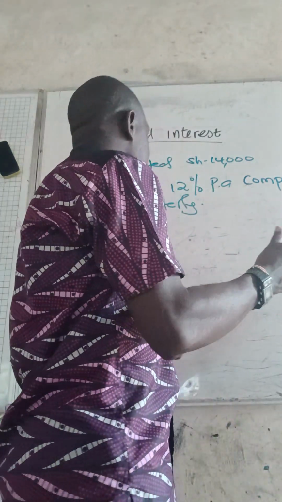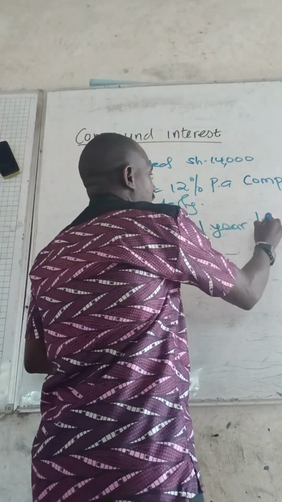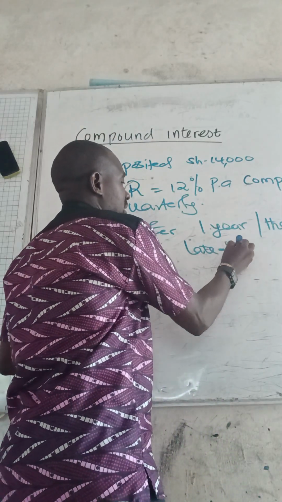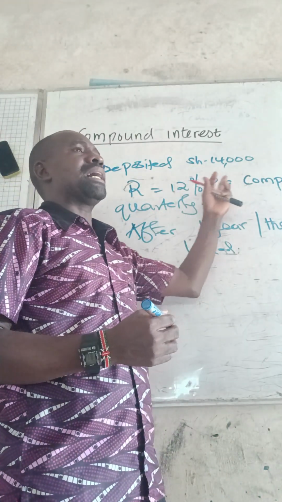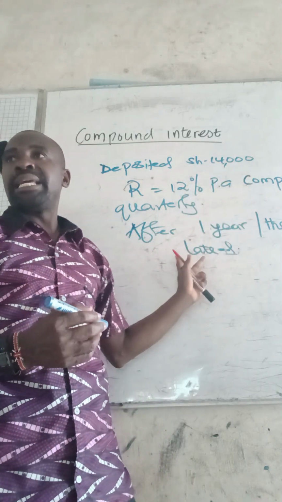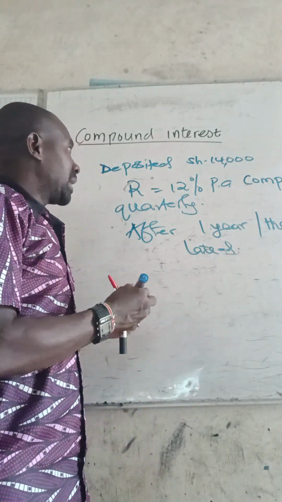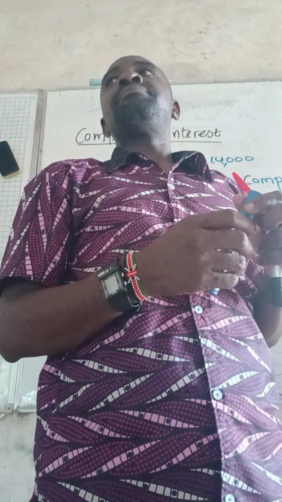Find the accumulated amount after 1 year, if the interest is paid at 12% per annum but compounded quarterly. Now, where do we start from?